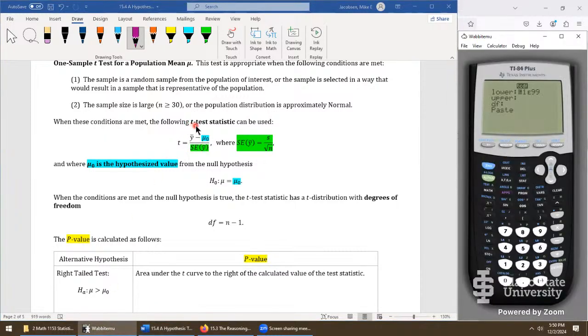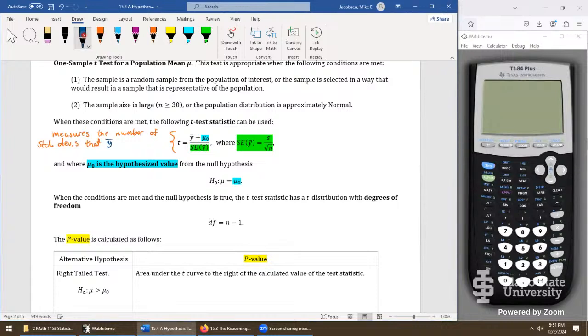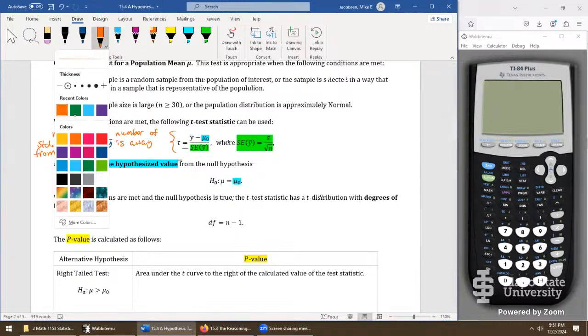And all this t-test statistic is trying to do is the following. This measures the number of standard deviations that y bar, that's your actual data, is away from mu naught.